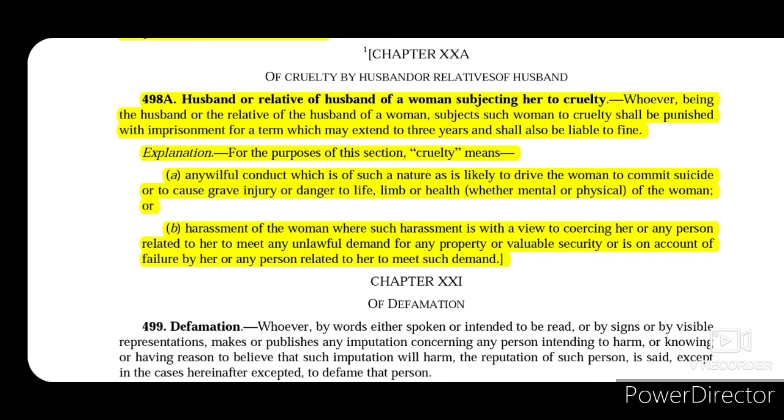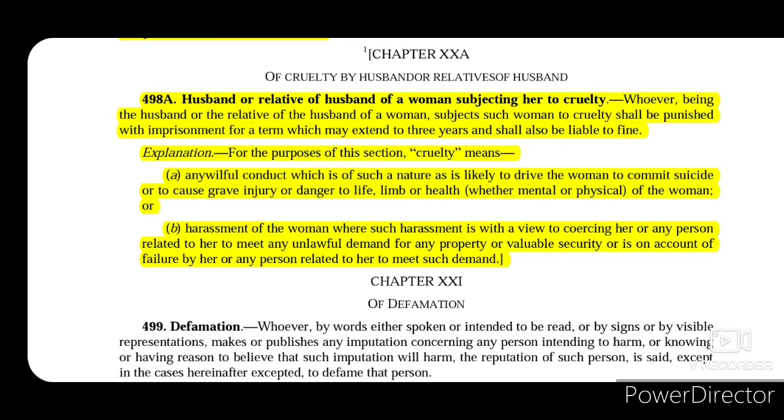All these topics are covered under the explanation. Now harassment of the woman, where such harassment is with a view to coercing her or any person related to her to meet an unlawful demand for any property or valuable security, or is on account of failure by her or any other person related to her to meet such demand, are also covered here.